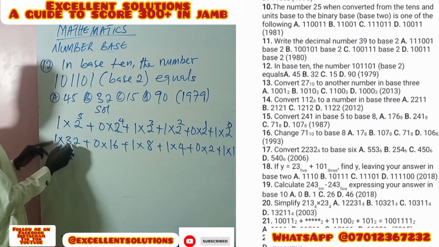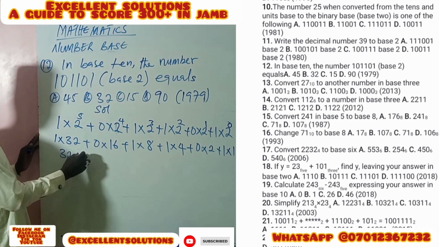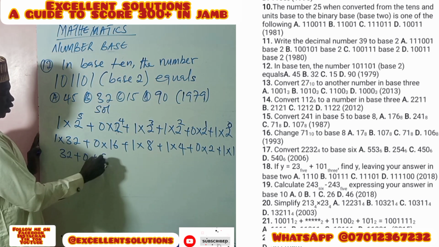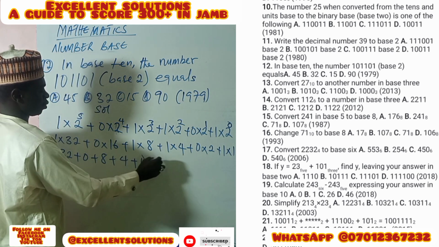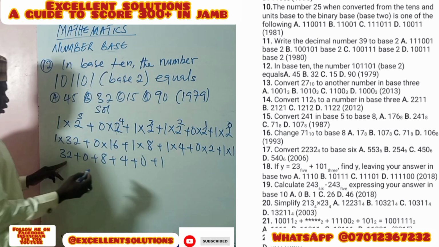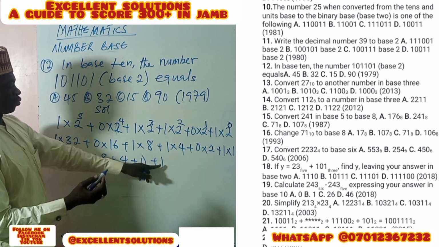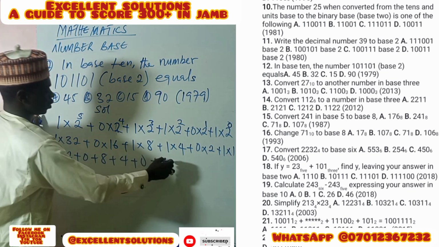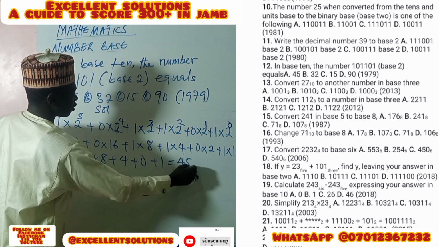So this one we have 32 plus 0 plus 8 plus 4 plus 0 plus 1. So 32 plus 8, we have 40, plus 4, 44, plus 1, we have 45. So this one is equal to 45 base 10.